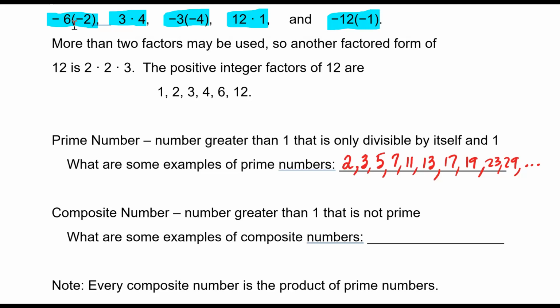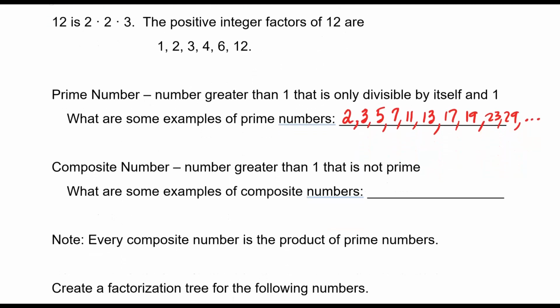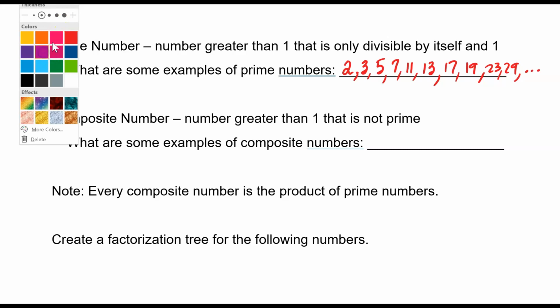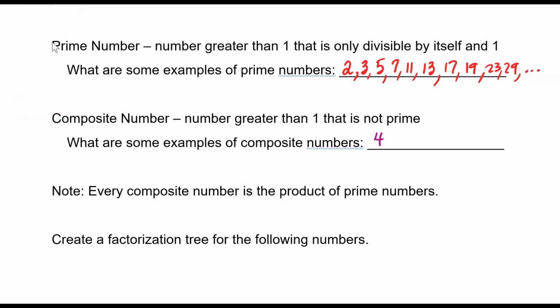A composite number is also a number greater than 1 that is not prime. You can look through these numbers right here. We can start with 4, for example, because again, it is a number greater than 1.